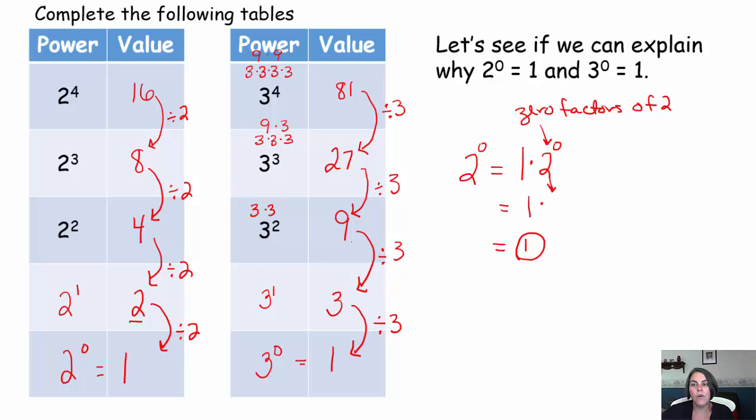Again, it's that coefficient because 1 times 3 to the 0 won't change the value. How many factors of 3 do we have running around? We don't have any factors of 3 running around. So that's how we know 3 to the 0 is just 1. We're going to try to describe it a few different ways this evening, but that's a start to it.